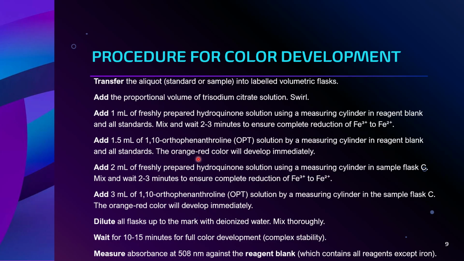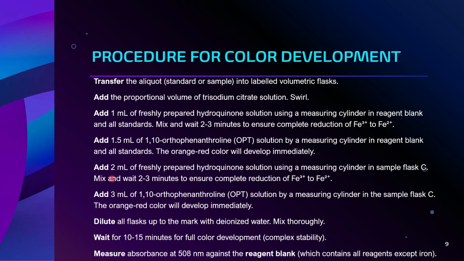The orange red color will be visible immediately, and because sample flask C is 100 ml, twice the volume of the standard, you need to double the volume of hydroquinone and OPT.